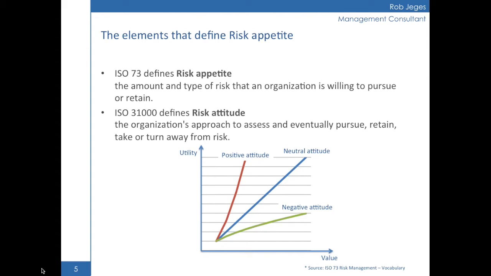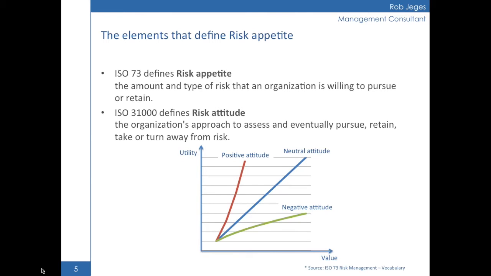Okay, so on this slide, just to help our audience understand that graph you have, Rob, is it possible to just share one or two examples of maybe a positive attitude and a negative attitude?